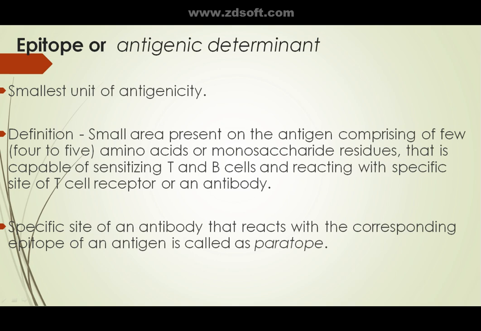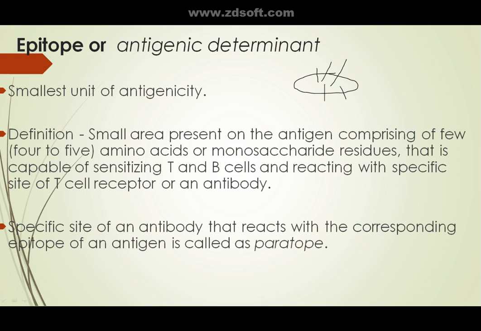So, coming to epitope, as I told you, this comes for a 2 marks question, that is, they will ask you what is an epitope or what is an antigenic determinant. It is one and the same. If this is a microorganism, our immune system will not recognize the entire microorganism but only a part or portion of it, which we called antigens.